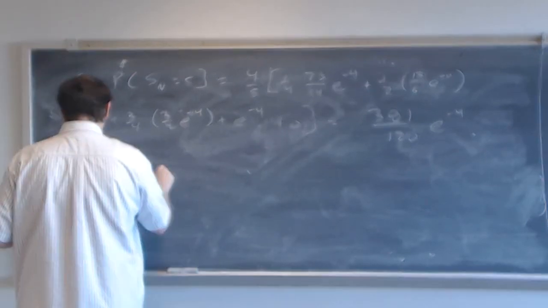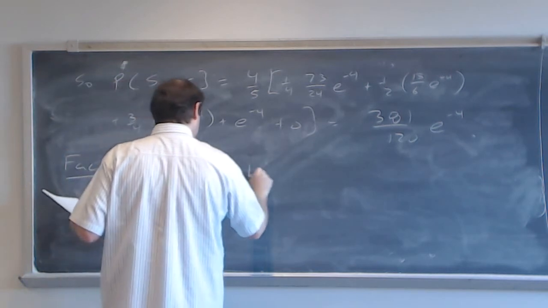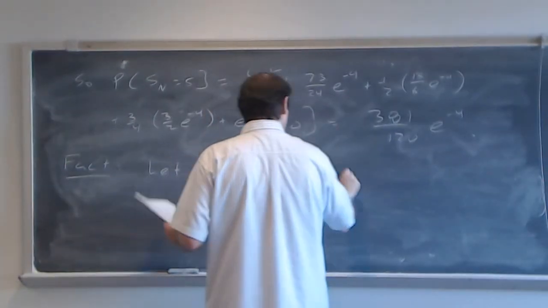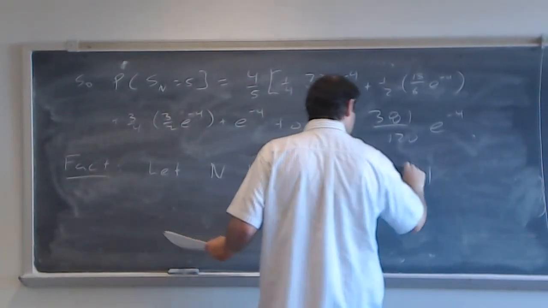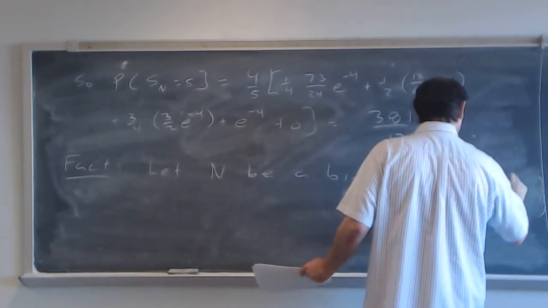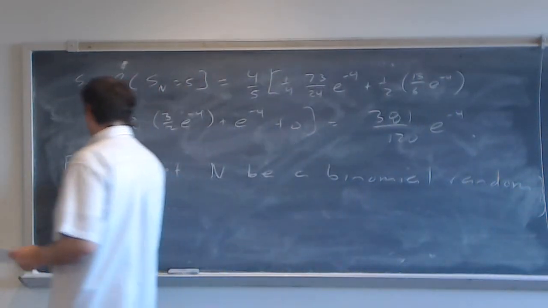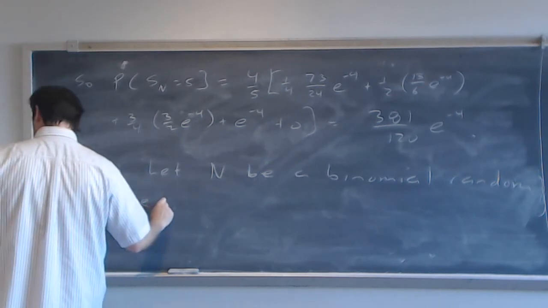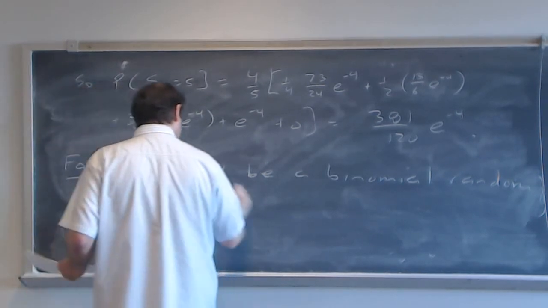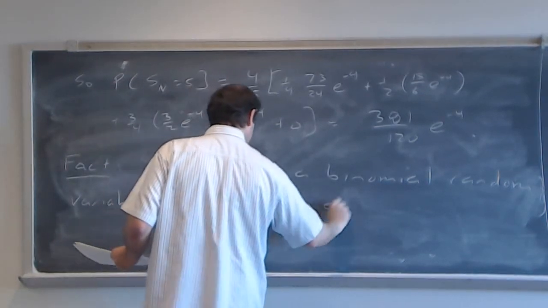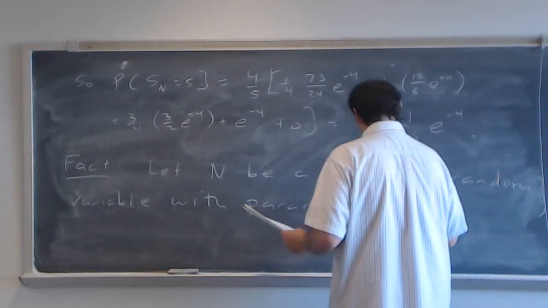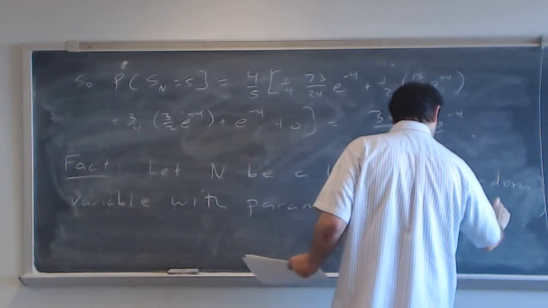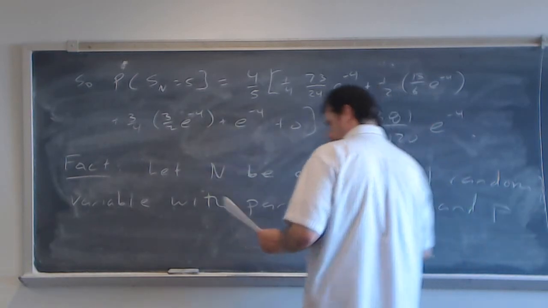It says as follows. Let n be a binomial random variable with parameters r and p, not n, p, r and p.